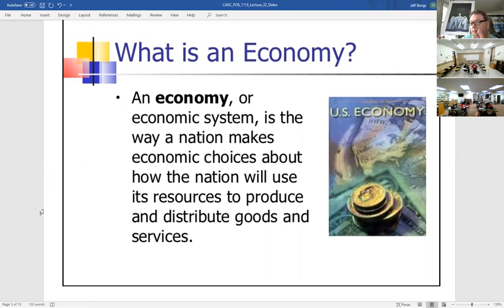The use of the resources that a country has to produce those goods, and then how these goods and services are exchanged from the producers to the consumers. So that's an economy, a system, and this is on page 448 of your textbook.